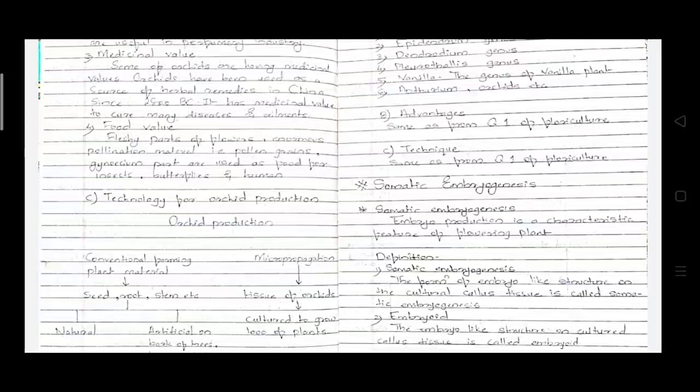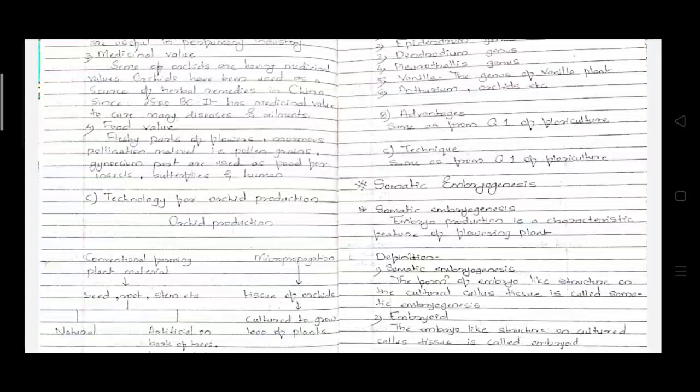So in artificial techniques, the bark of the trees is used, and on these barks the epiphytic plants or epiphytic orchids will grow, and some are naturally growing on the plants.